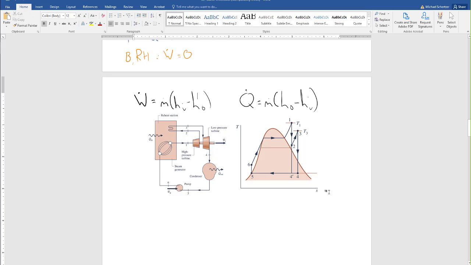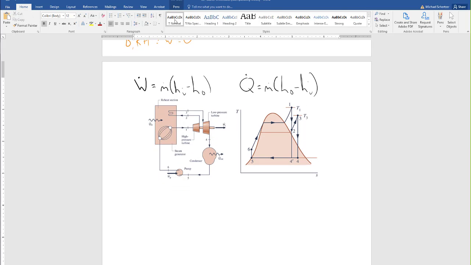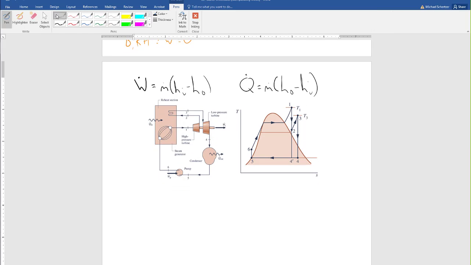So here, I know that my thermal efficiency equation was equal to my power of turbine 1 plus power of turbine 2 plus the power of the pump, over Q dot in at the boiler plus Q dot in at the reheat.